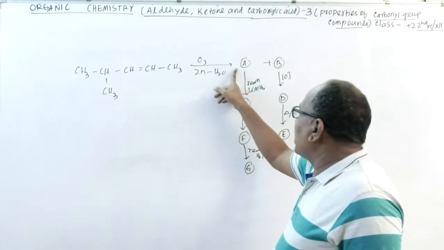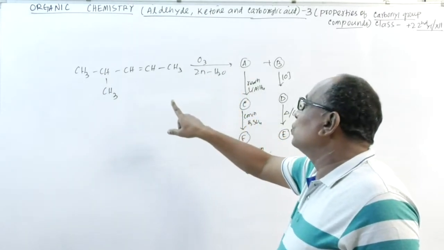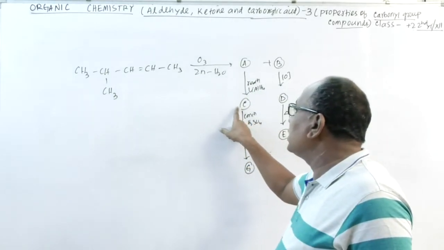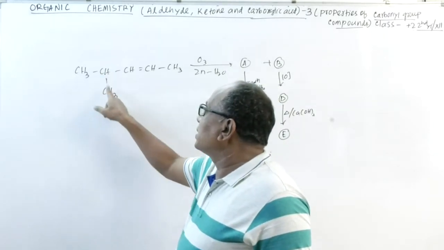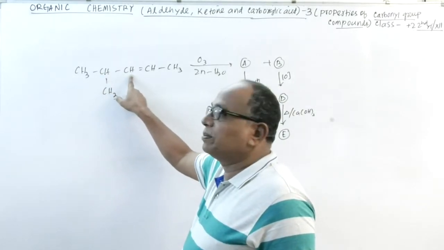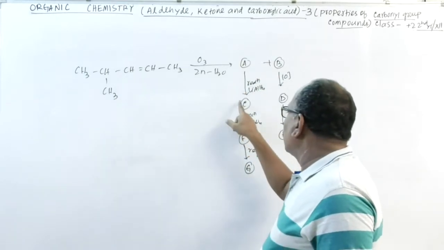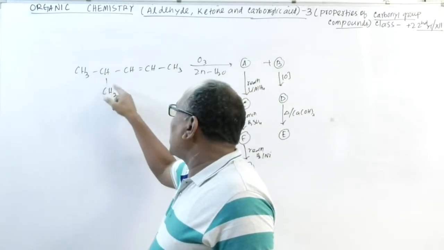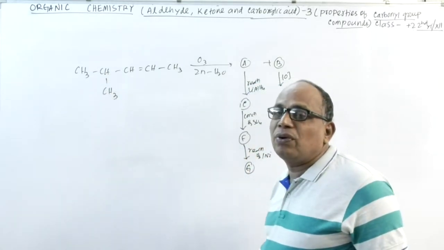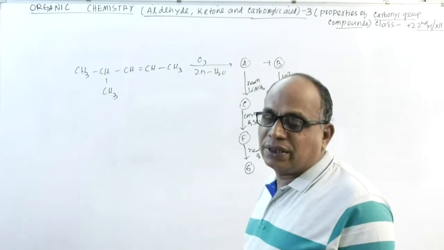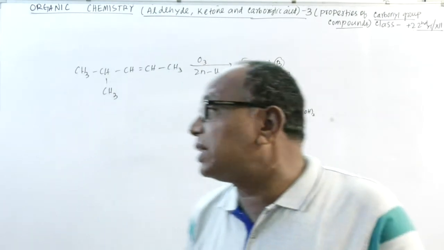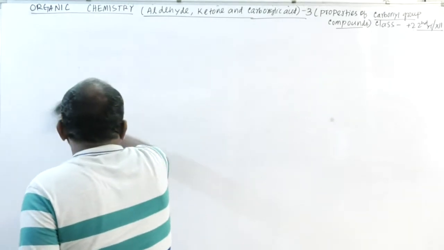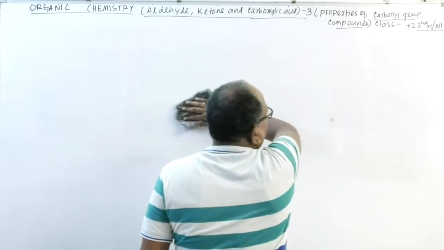Now A on reduction: the CHO will reduce to CH2OH, so C is CH3-CH(CH3)-CH2OH, a primary alcohol. Dehydration gives an alkene, that is 2-methylpropene, which on reduction gives the alkane. Try to do it. Okay students, these are some methods of preparation of aldehyde and ketone from alkene and alkyne.